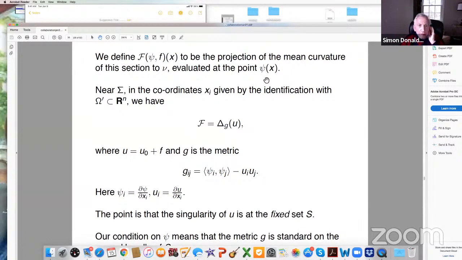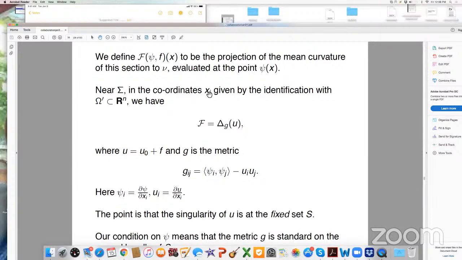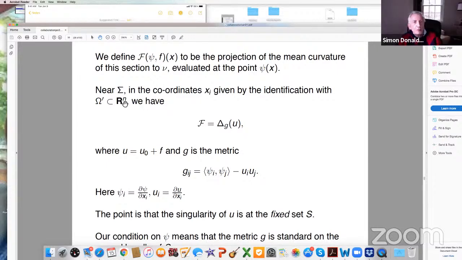This is a bit confusing, or at least I find it quite confusing. What's going on? Near to sigma, we can use this identification of a neighborhood of sigma with a neighborhood in Rn to work in standard flat coordinates, the standard coordinates in Rn.